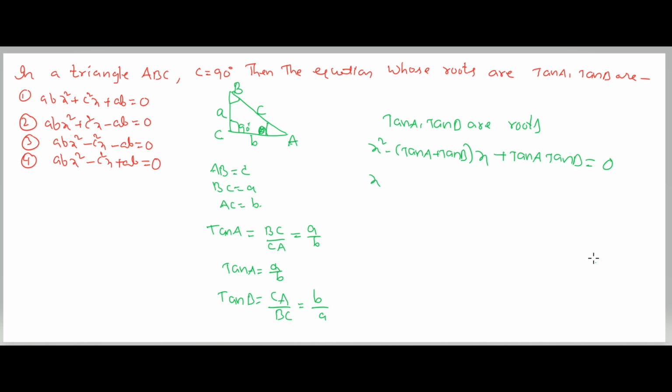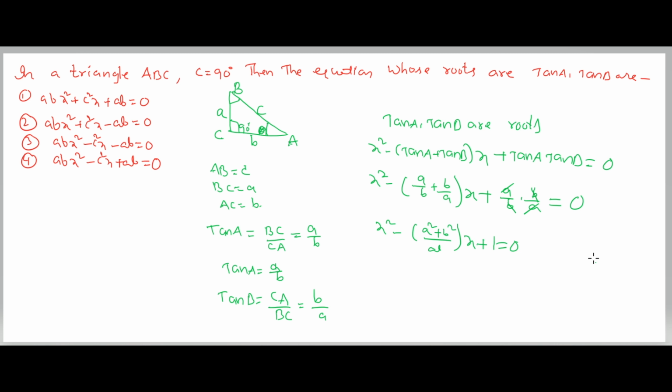That is x square minus (a by b plus b by a) into x plus (a by b) into (b by a) is equal to 0. Here a cancelled and b cancelled, that is x square minus, take LCM, (a square plus b square) by ab into x plus 1 is equal to 0.